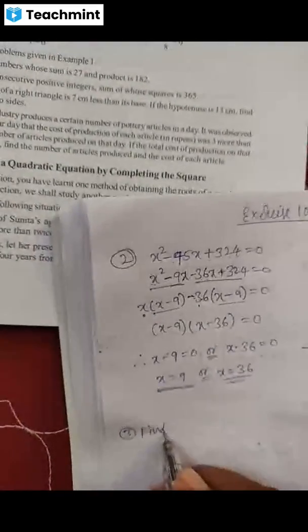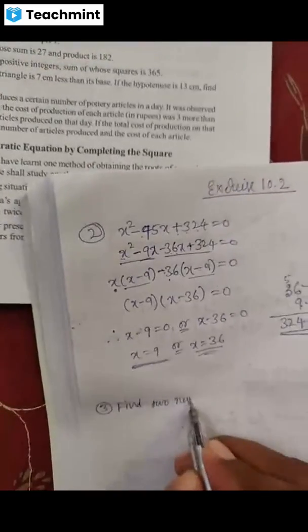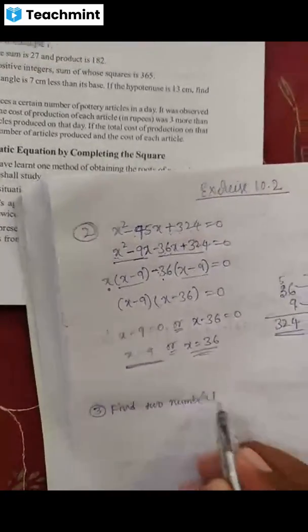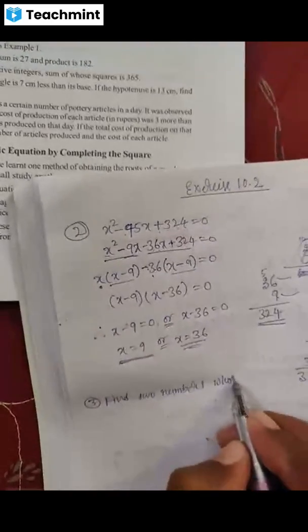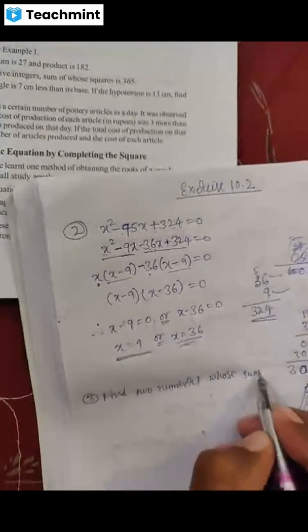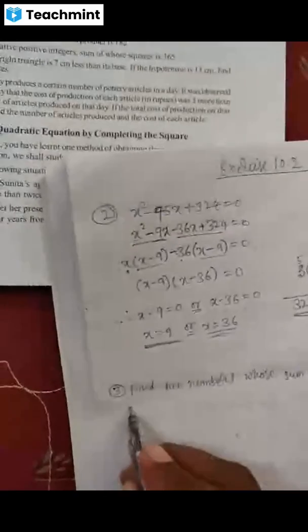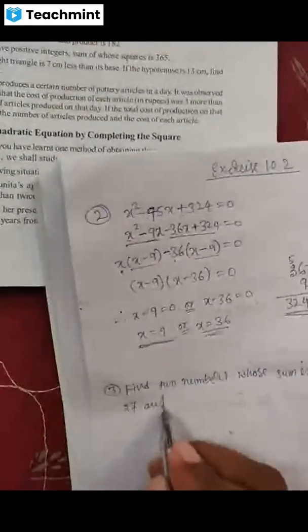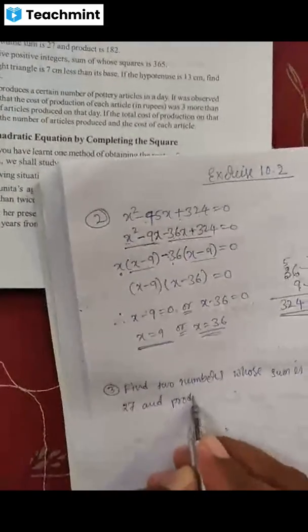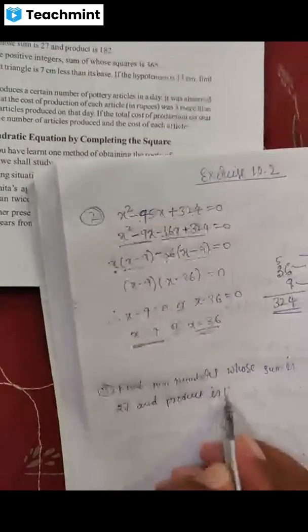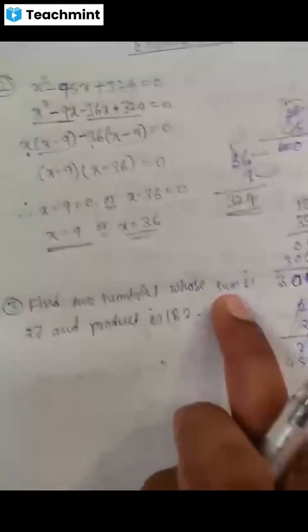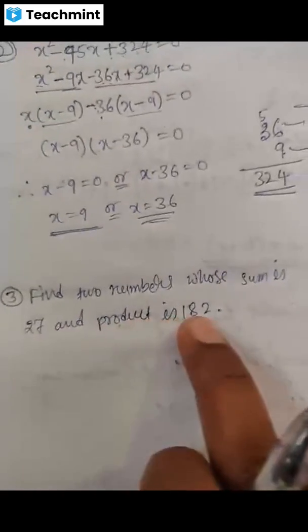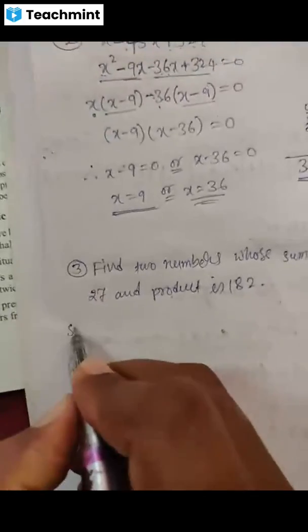Find two numbers whose sum is 27 and product is 182. So find two numbers whose sum is 27 and product is 182. Solution.